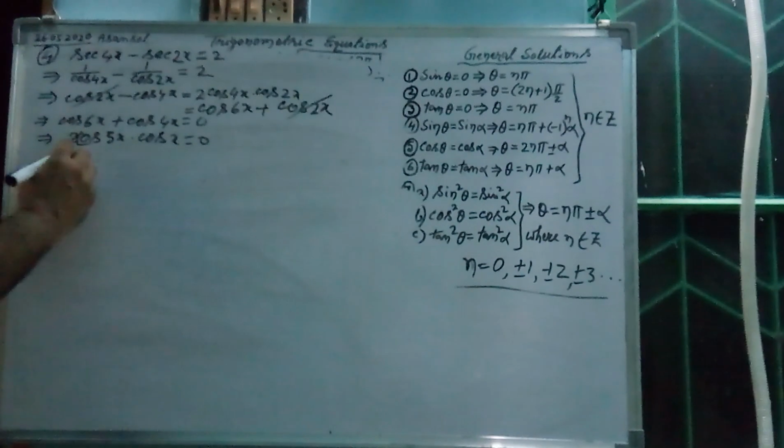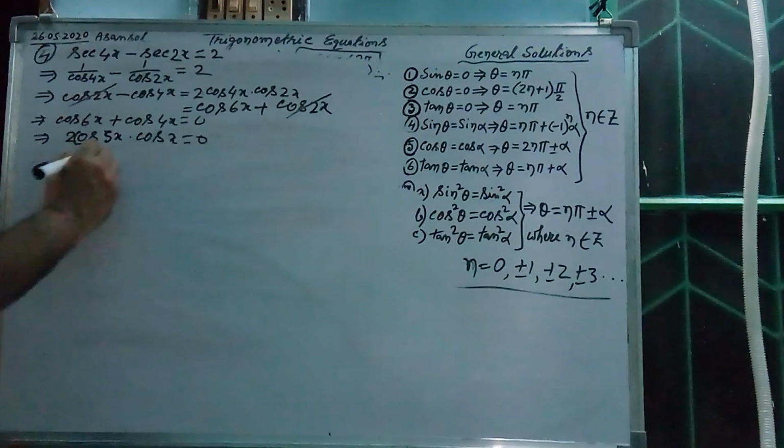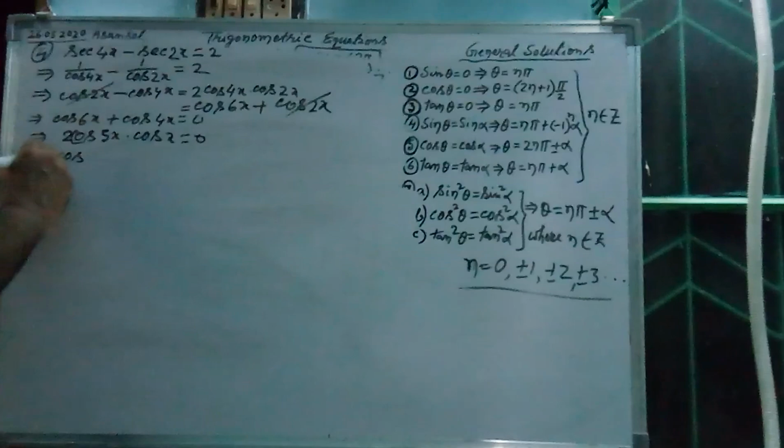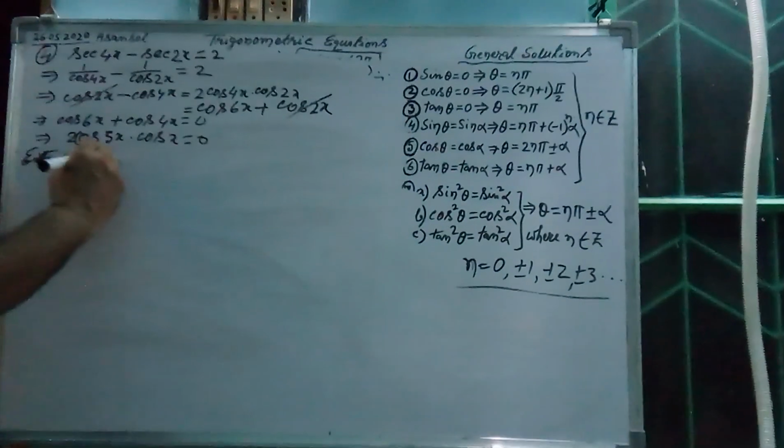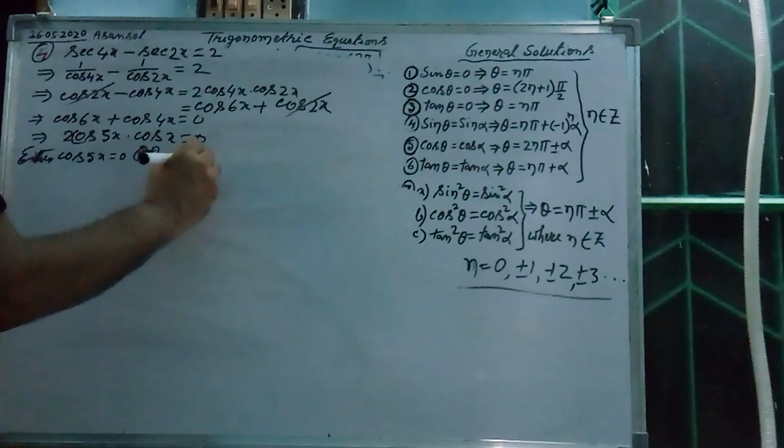Therefore, either cos 5x is equal to 0 or cos x is equal to 0.